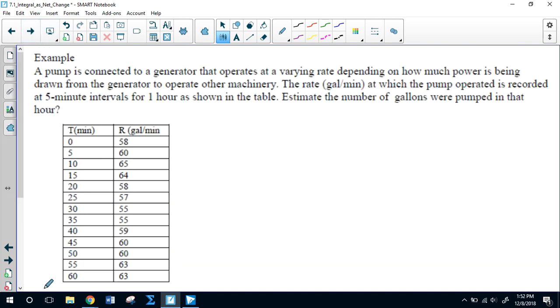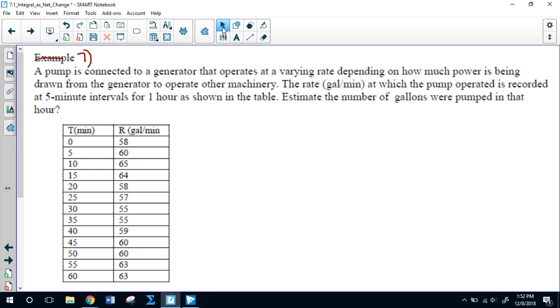Okay, last problem's typing looks funny. Sorry about that. So this one is problem number 7. And it says that a pump is connected to a generator that operates at a varying rate depending on how much power is being drawn from the generator to operate other machinery. Kind of one of those things that reading it's helpful but not necessary.